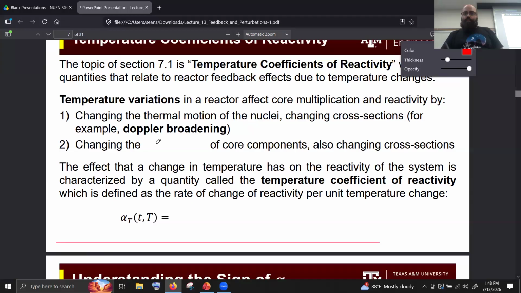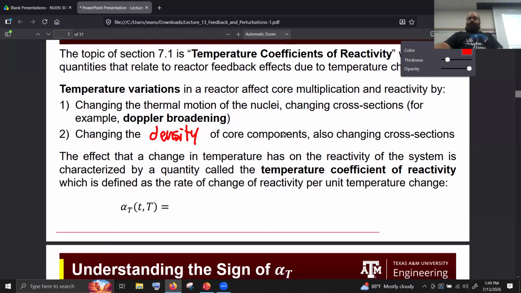Changes the density of our core components. And because the macro cross section depends on the number density, which depends on the density, then temperature changes affect the density and the micro cross section through Doppler broadening.